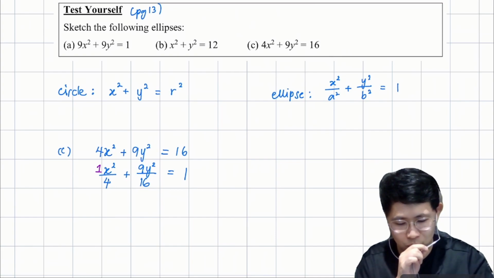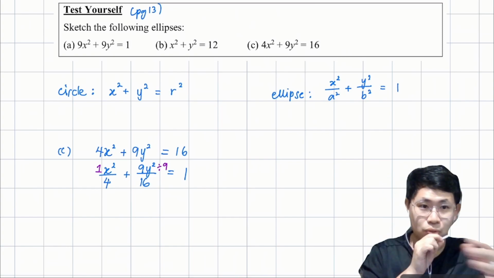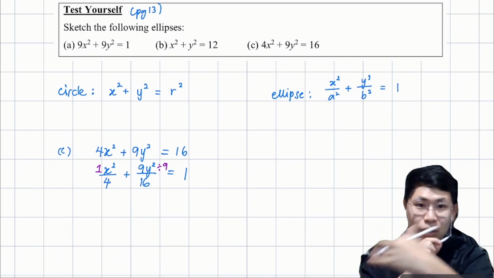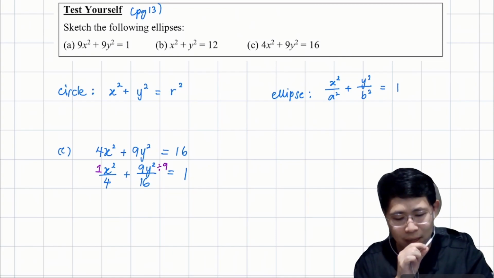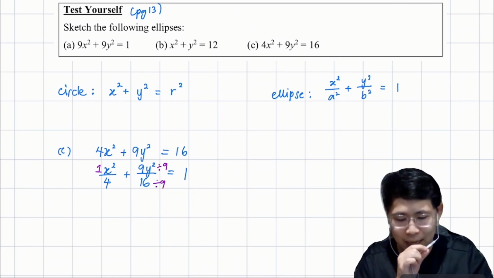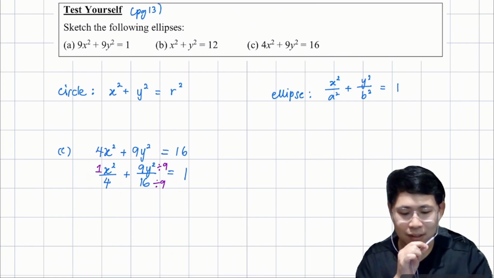What do I need to do to get rid of the 9? I need to divide by 9, but not divide throughout. Divide only that term, because I don't want to affect the other terms. If I divide by 9 on top, to balance it I need to divide by 9 at the bottom, so I do not disturb the other terms. You get what I mean?